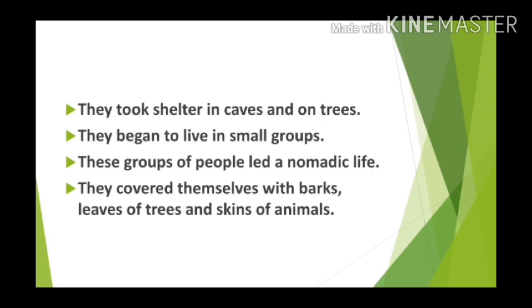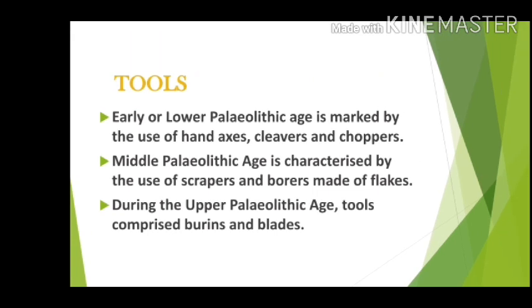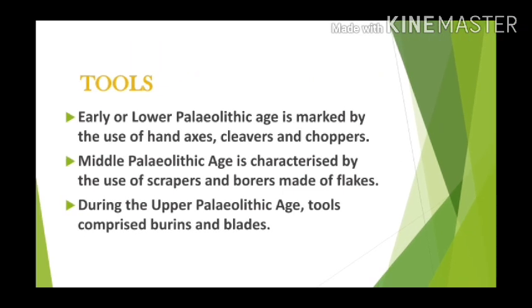These groups of people led a nomadic life, wandering from place to place in search of food and shelter. In order to protect themselves from adverse climatic conditions, they covered themselves with barks, leaves of trees, and skins of animals hunted by them. Let us now discuss the tools used by the people of Paleolithic Age.